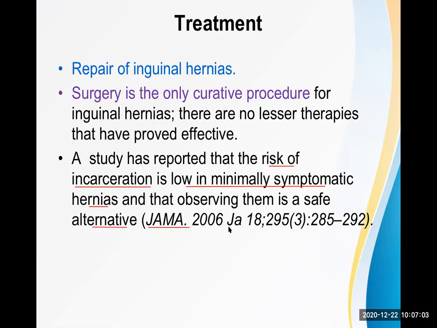So we can observe them for a certain duration, but remember, they can become symptomatic anytime. They can develop obstruction or strangulation anytime. So the safer option is always, according to the patient's wish and at an appropriate time, to plan for elective surgery. Don't wait for emergency surgery to happen. We plan elective surgery for the treatment of hernia.